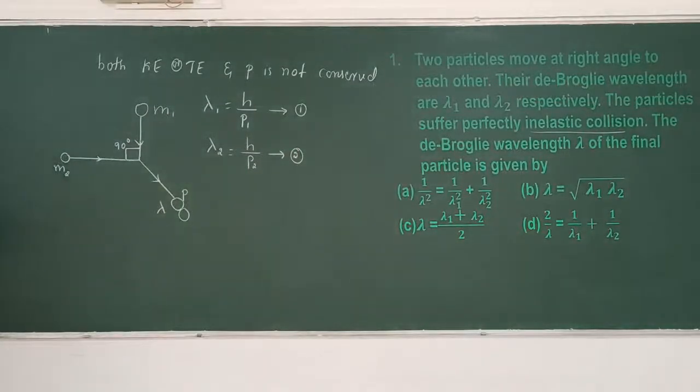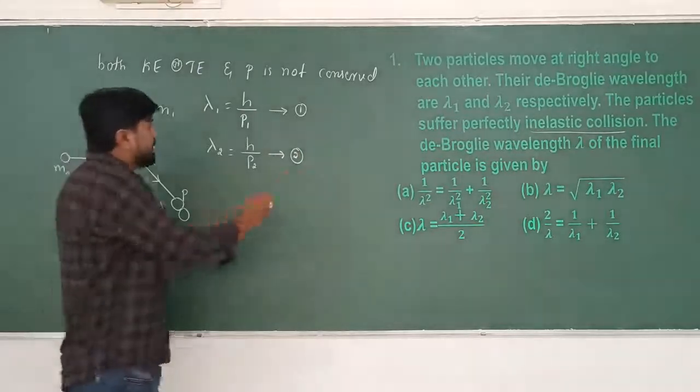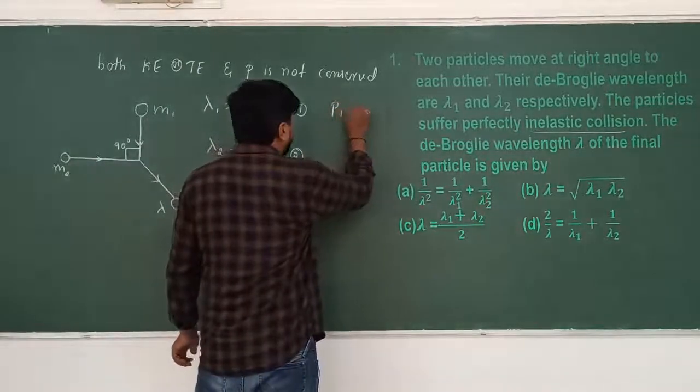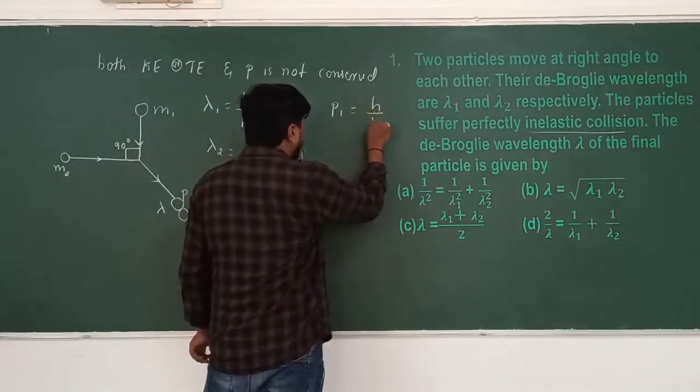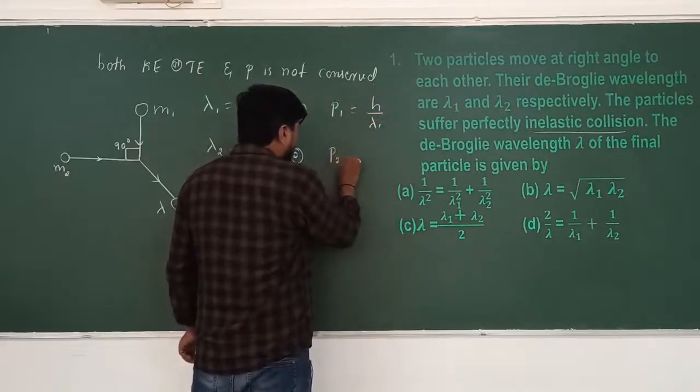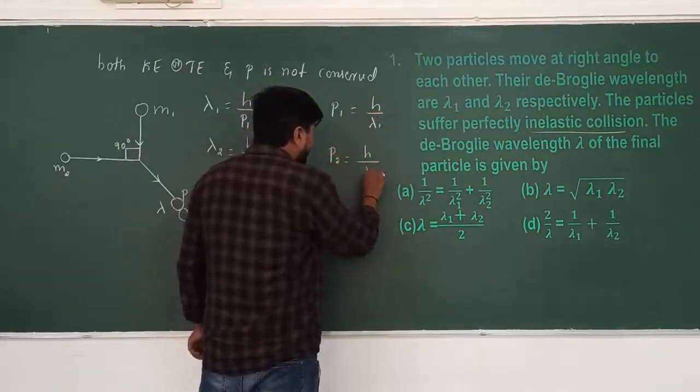Therefore lambda 1 is equal to h by p1 and lambda 2 is equal to h by p2, but in terms of momentum we can write p1 is equal to h by lambda 1, and p2 is equal to h by lambda 2.